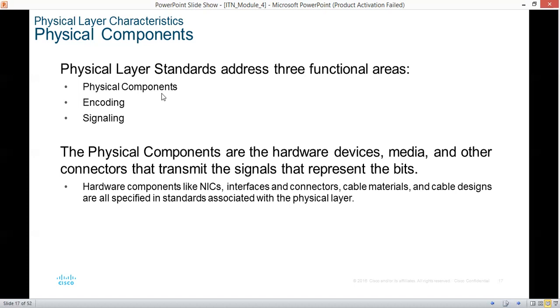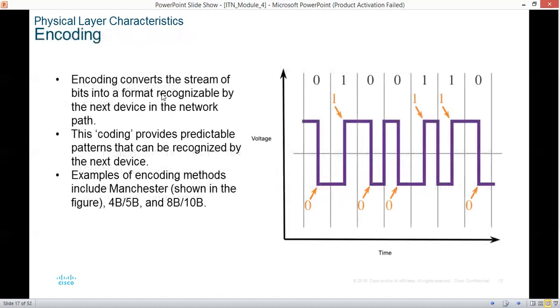As we go further, I'll show us under Ethernet the different signaling behavior. But one thing I'll let you understand here is that what you have for copper is different from what you have for fiber. So look at the encoding. Encoding converts a stream of bits into a format recognized by the next device in the network.